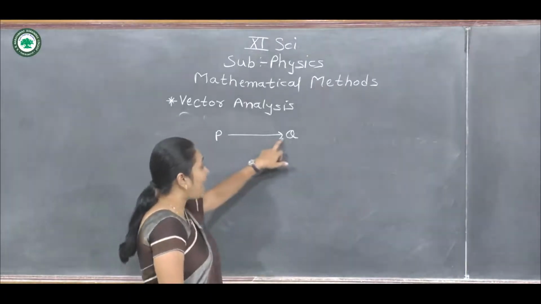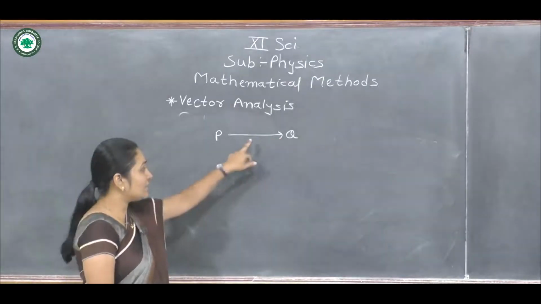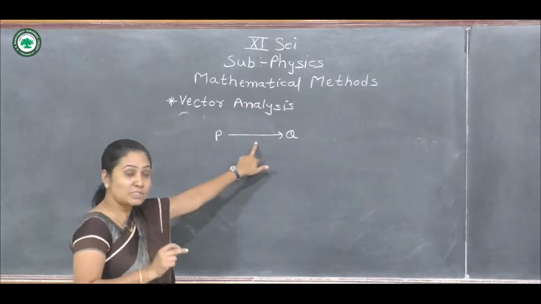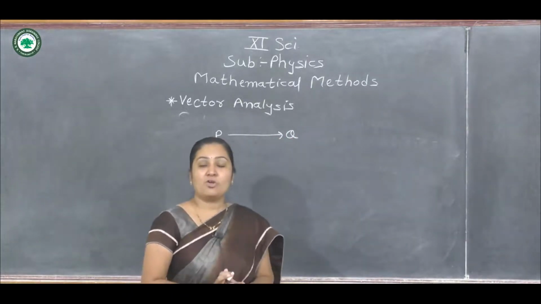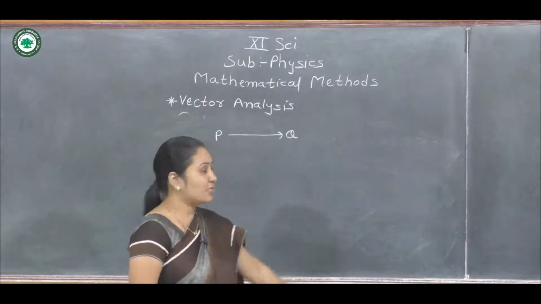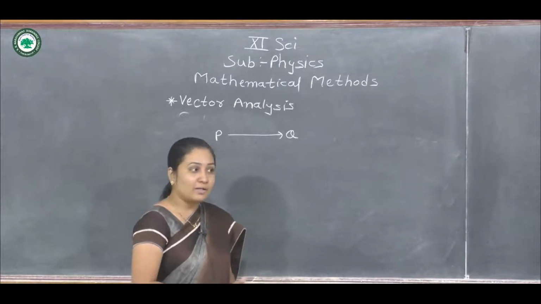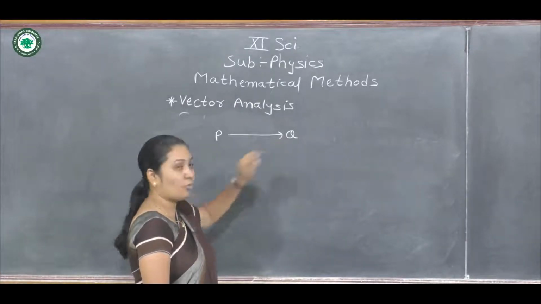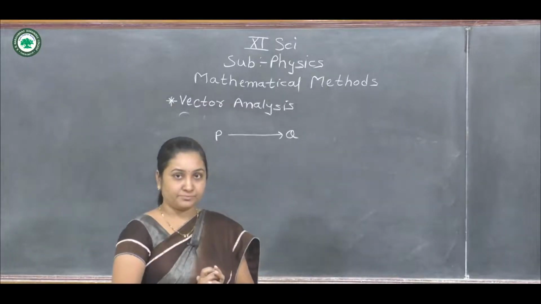Directed line segment means this line segment shows the direction of that vector or direction of that physical quantity. So it is shown by the arrow. This is the representation of a vector.